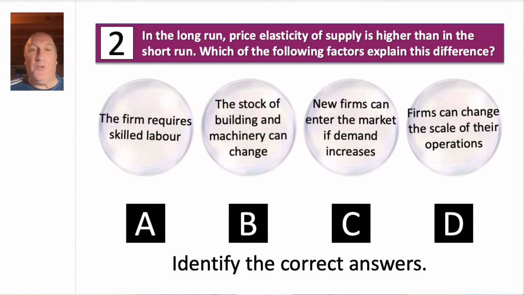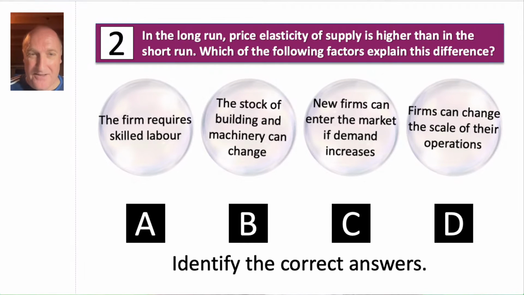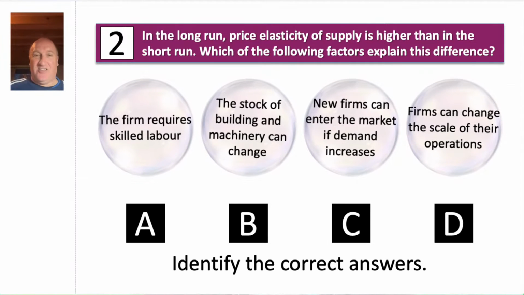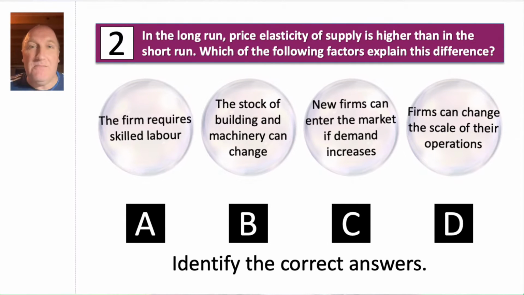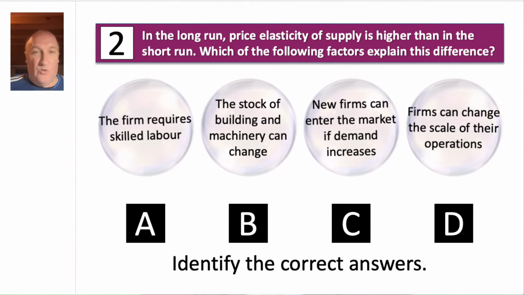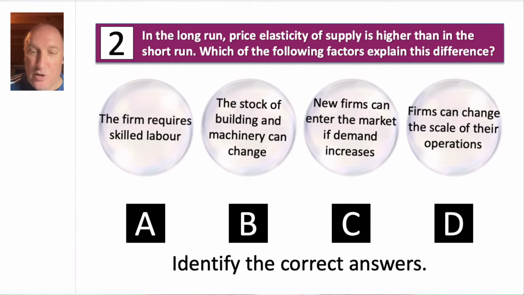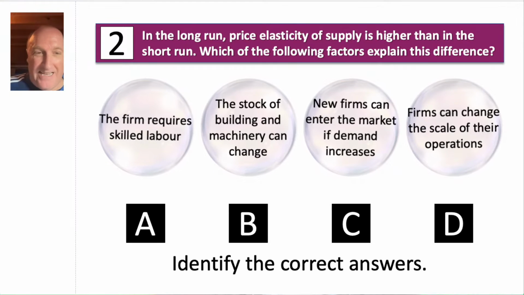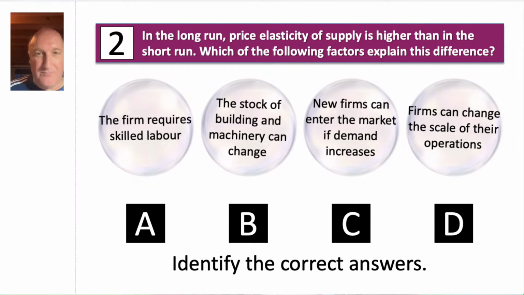But which of the following factors help explain this difference? So why is it, for example, the elasticity of supply of housing in the news at the moment, or e-bikes, whatever it is, renewable energy, why is the elasticity higher in the long run than the short run? What do we think? Which of these answers is correct?